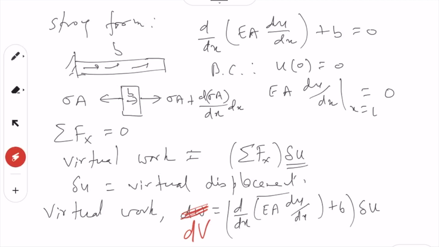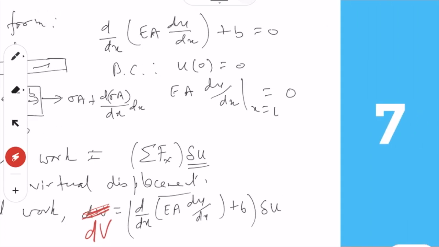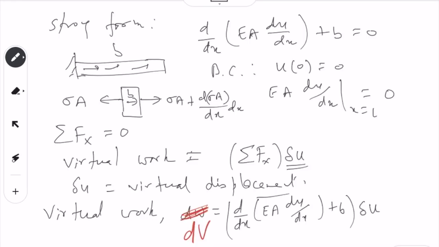So, we have delta u here. Delta u is nothing but, remember we had delta u as zeta w, right.